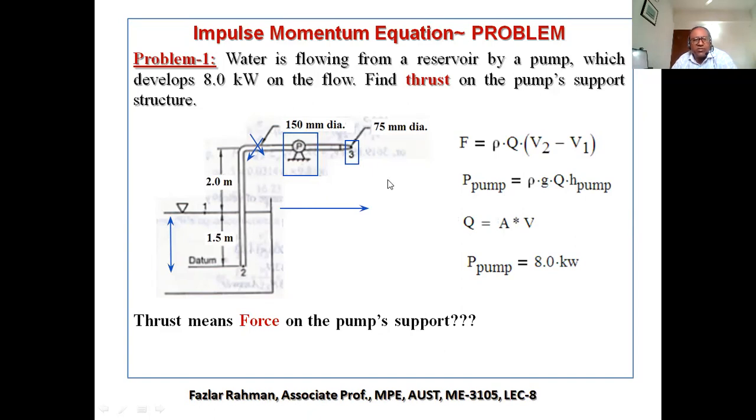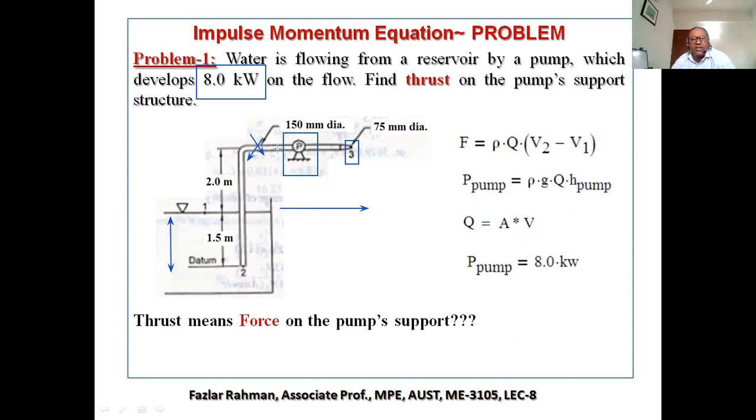Now you need to see what they want. They are saying water is flowing from a reservoir by a pump, which develops 8 kilowatt on the flow. That means the pump adding energy to the fluid is 8 kilowatt. This is the power of the pump. Find the thrust on the pump support structure.